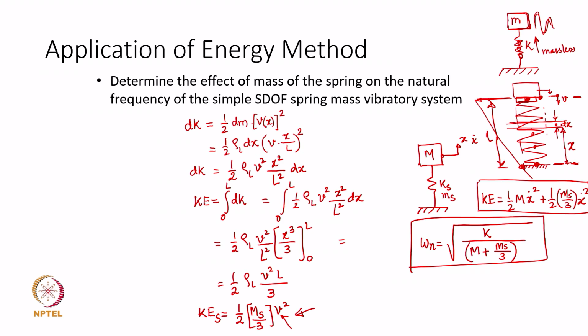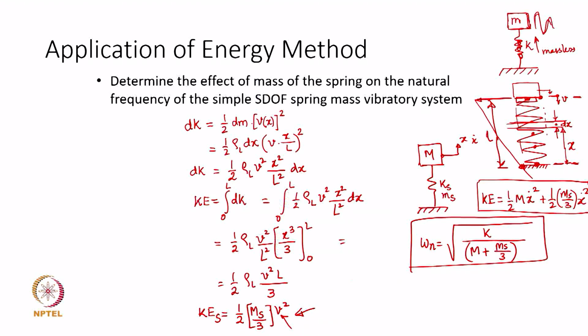The reason it is not the full mass is that each element of the spring has a different velocity when it is oscillating, and it so happens that the entire spring's contribution to the kinetic energy is 1/3 of its mass. Is that clear?